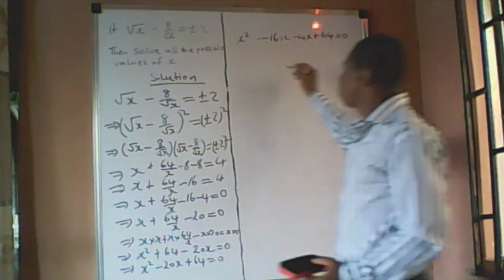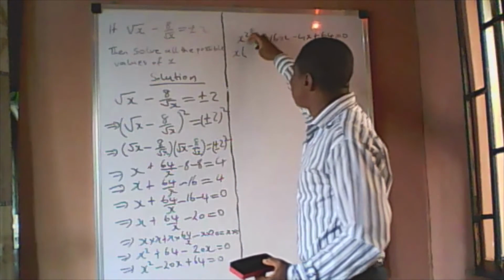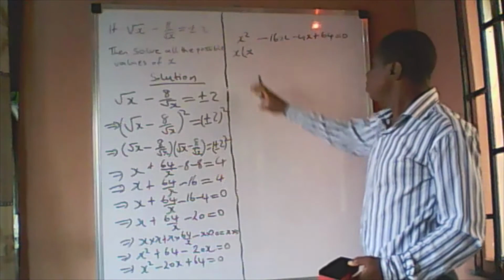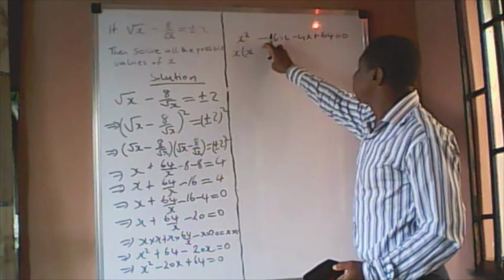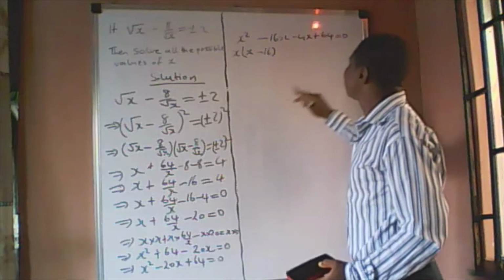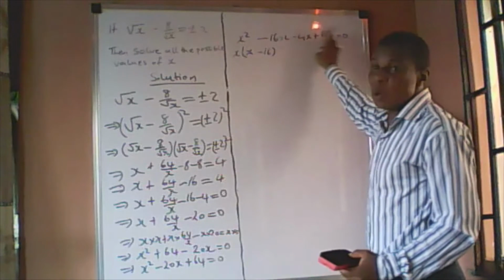If you do that, we're going to have x divides x squared, it remains x. x divides minus 16x, it remains minus 16. Here you have minus 4 as common.